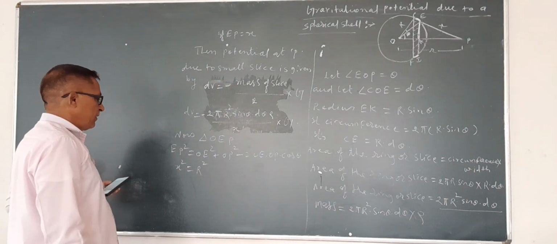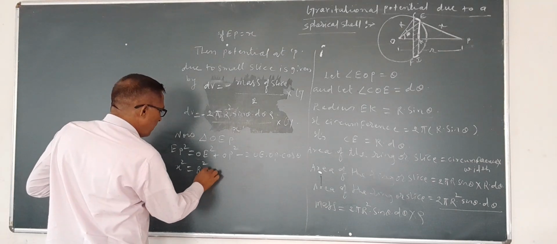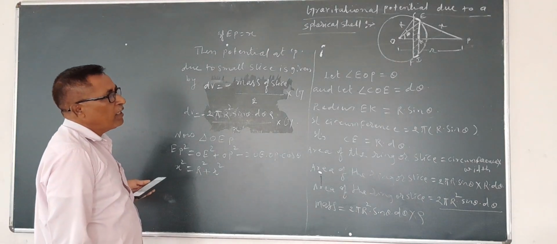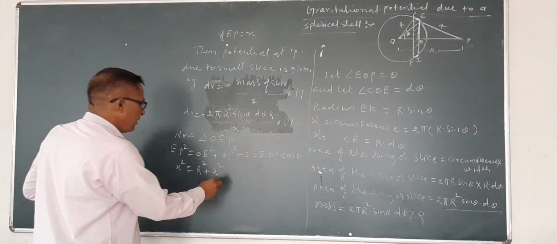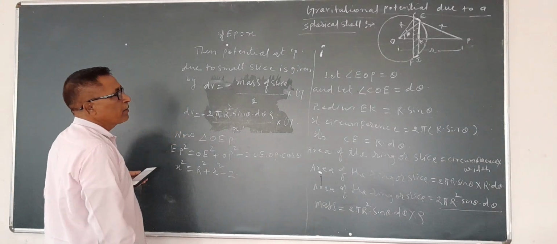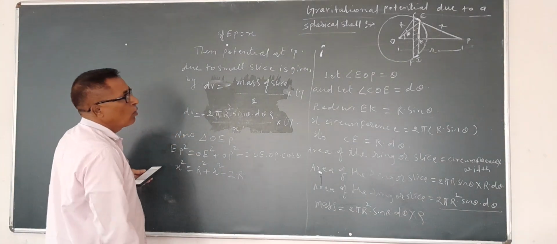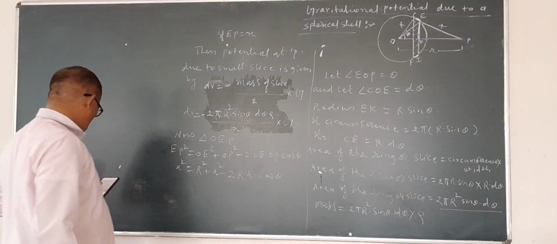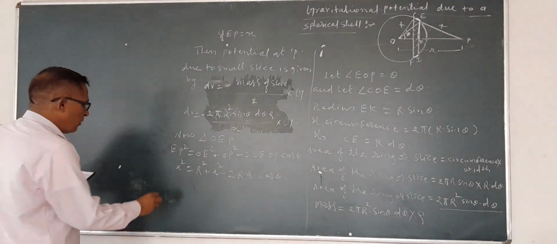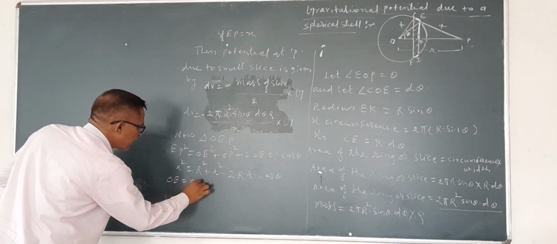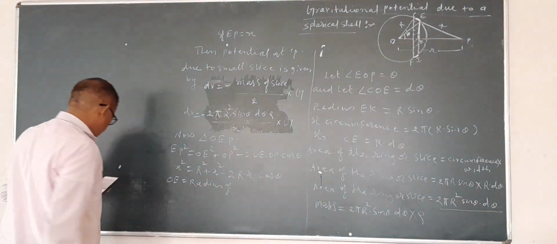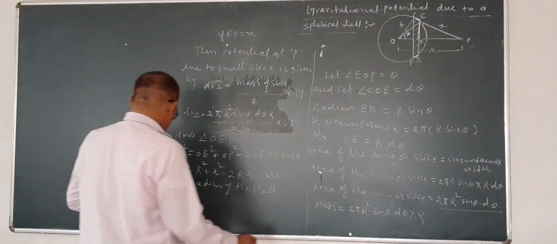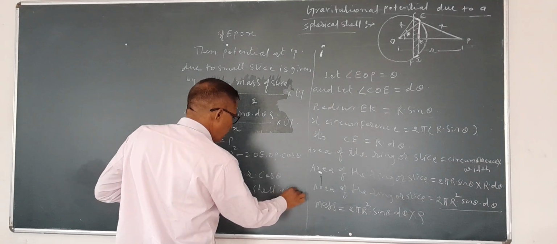R is the radius of the spherical shape, and this OP is the distance of point P from the center of the spherical shape, minus 2 into R into r cos θ. OE equals the radius of this shell, that is OE equals R.